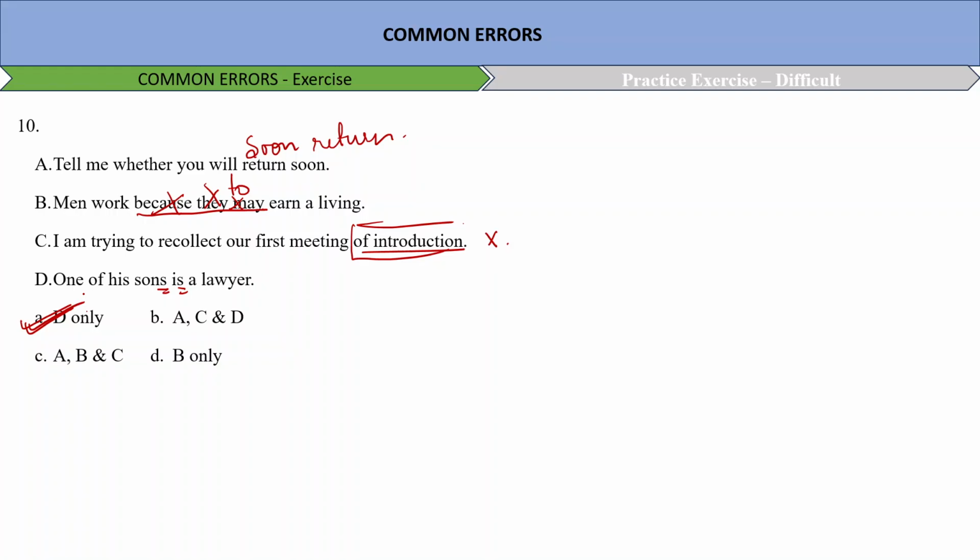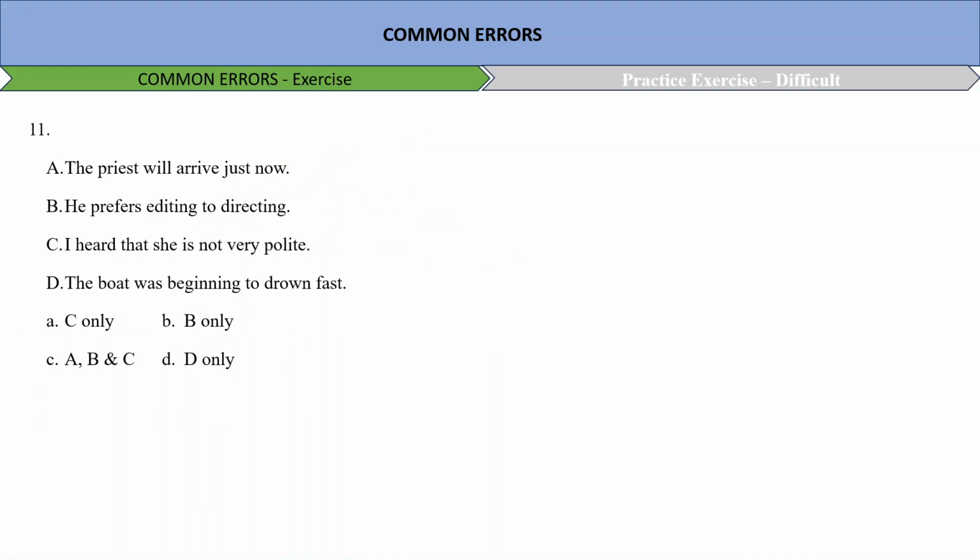Next question. The priest will arrive just now. He prefers editing to directing. I heard that she is not very polite. The boat was beginning to drown fast. In this set of questions, if you just read sentence D, the boat was beginning to drown fast, to drown is incorrect.